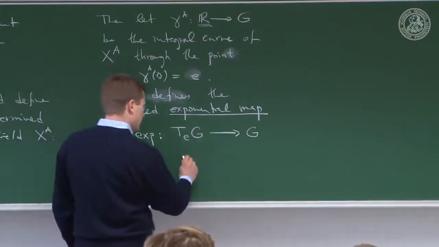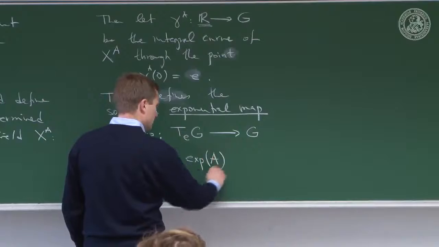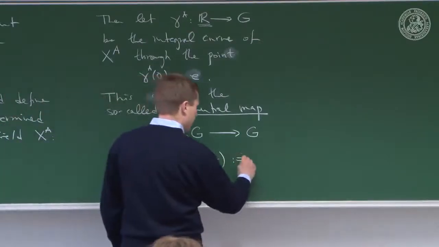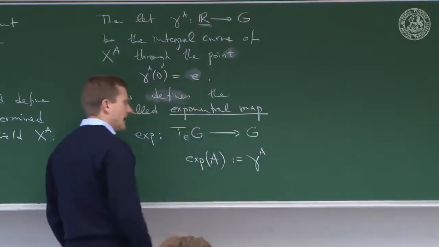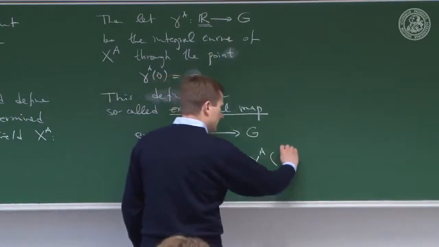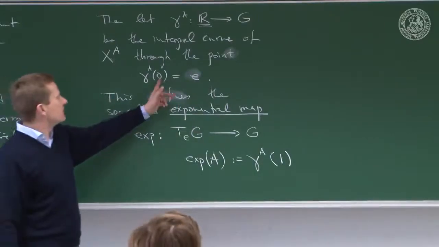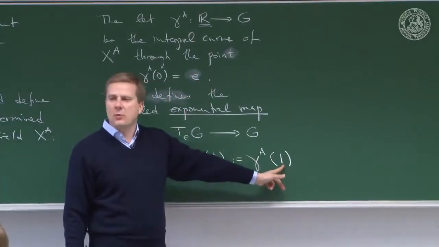And it's defined as follows. It says that exp of some A that I take from here is defined as exactly this integral curve gamma A evaluated at parameter value 1. So at parameter value 0, I'm at the identity, and now evaluated at parameter value 1.